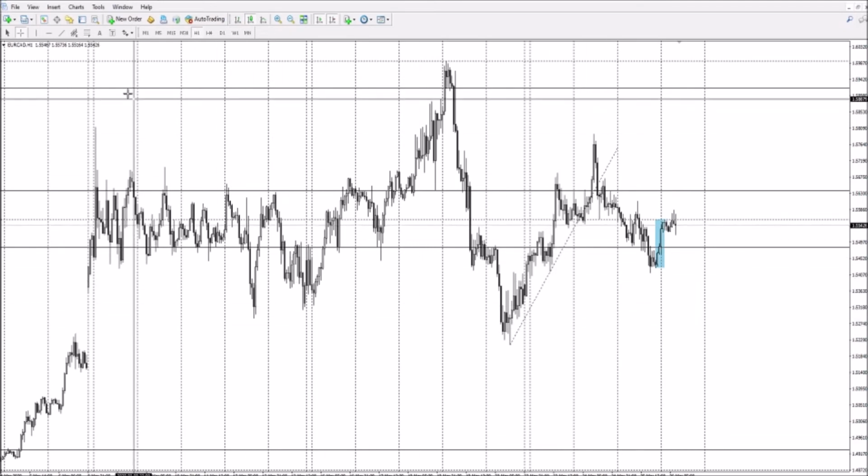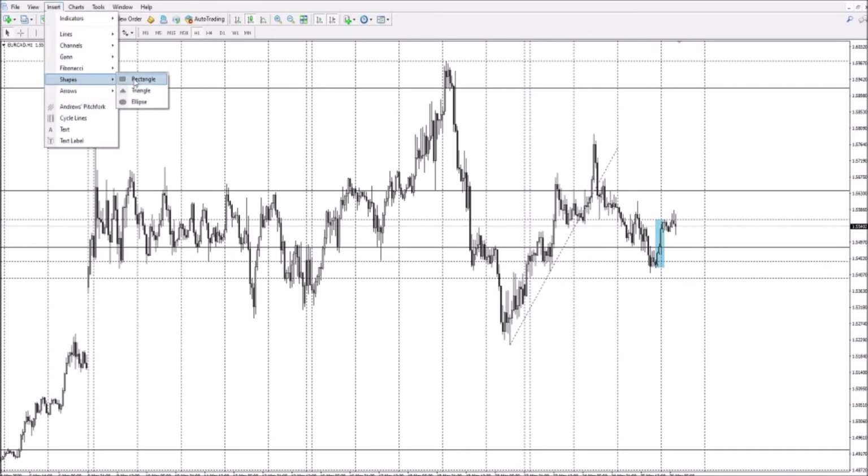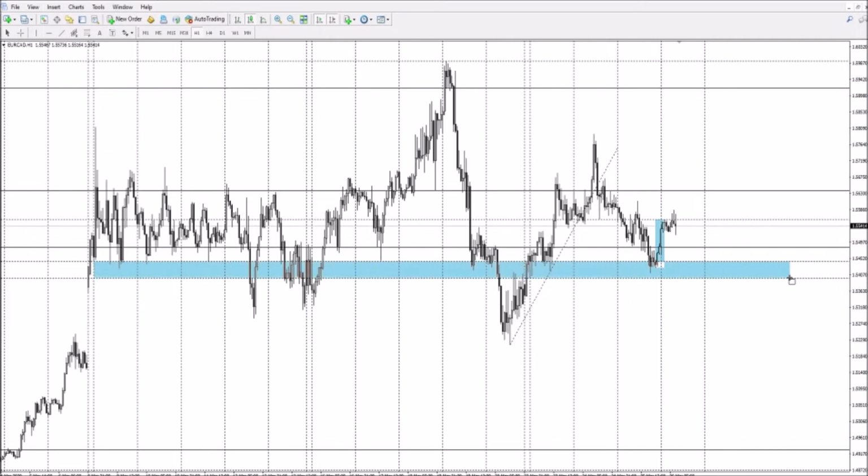I want to draw your attention to Monday's low. See what price action we get there. Draw from the wick to the body. Around here you can see the nice level that I'm looking at. Just keeping an eye on this as well.